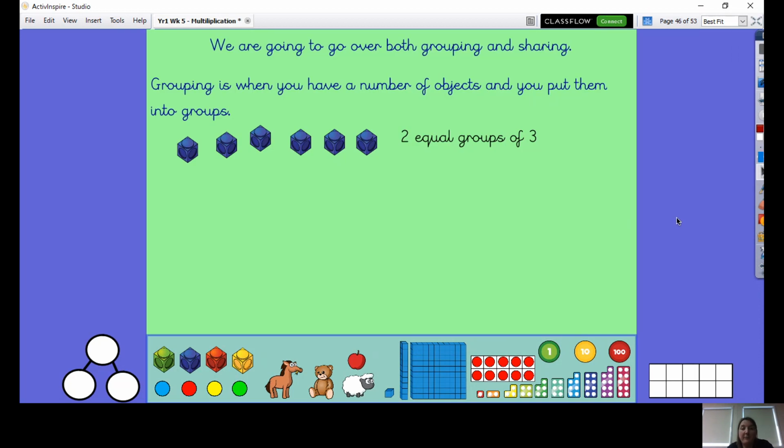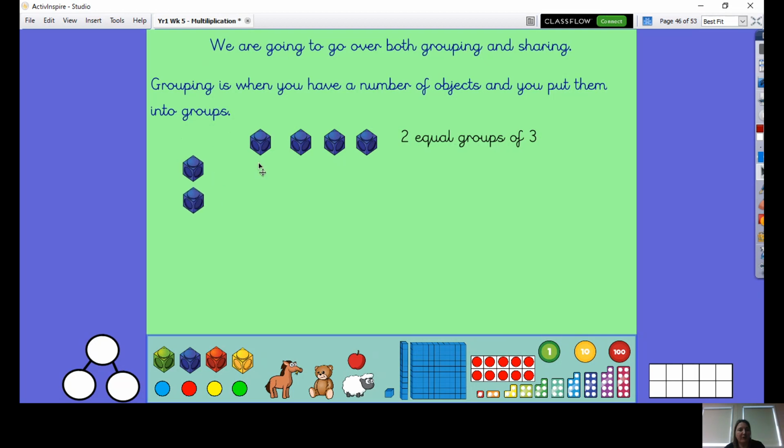Okay, so let's just have a little think about this. We are going to go over both grouping and sharing, and really think about what they mean. Grouping is when you have a number of objects and you put them into groups. For example, I want 2 equal groups of 3.